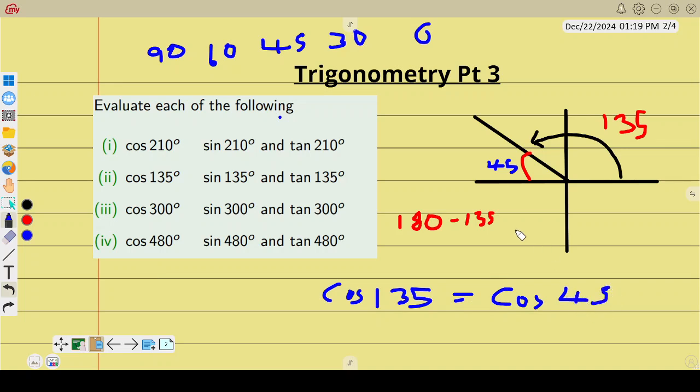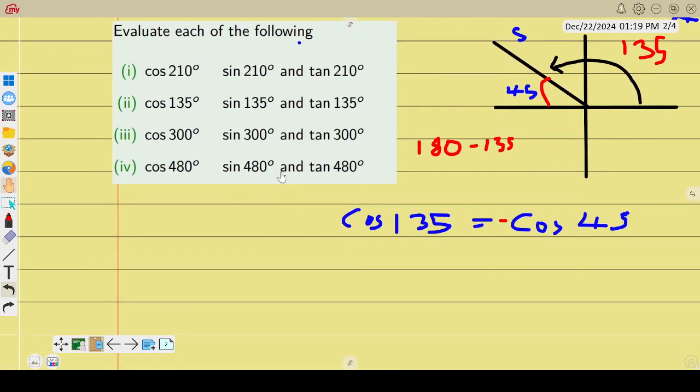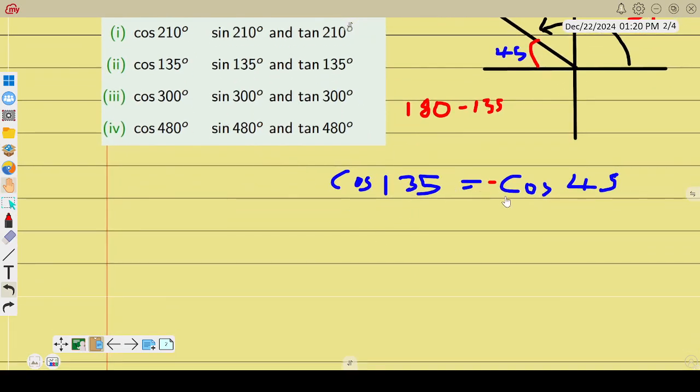We have our 45, and then we have to check in the second quadrant. So we say All Students. In the second quadrant, only sine is positive, meaning cos will be negative. So cos 135 is equal to negative cos 45. From here we can simplify.